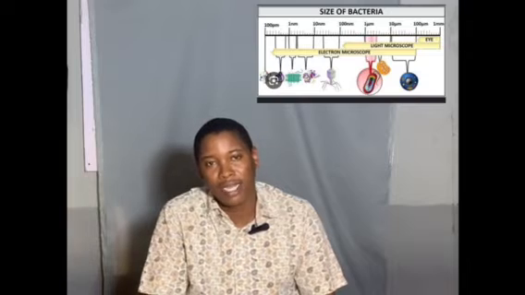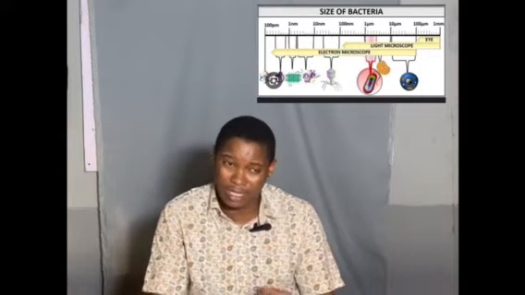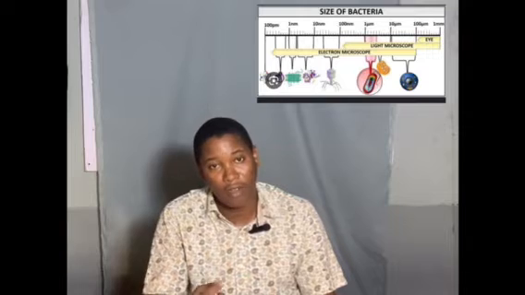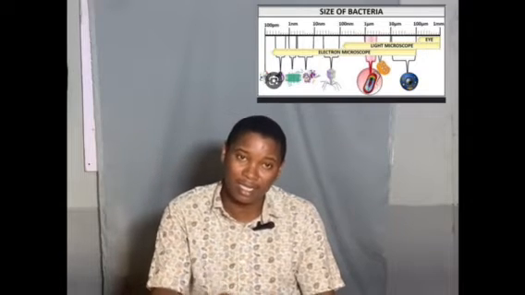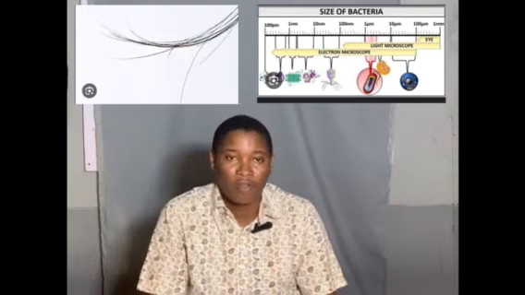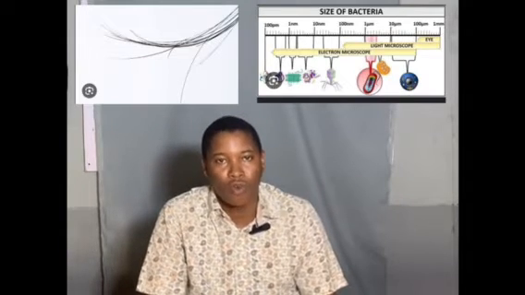So imagine the size of bacteria is between 0.5 and 5.0 micrometer. To understand that more, think about the hair of a human being. The thickness is about 70 micrometer. So the size of bacteria is between 0.5 and 5.0 micrometer.